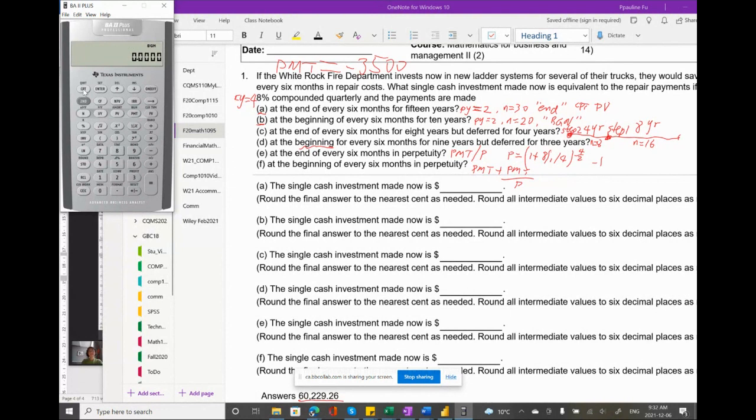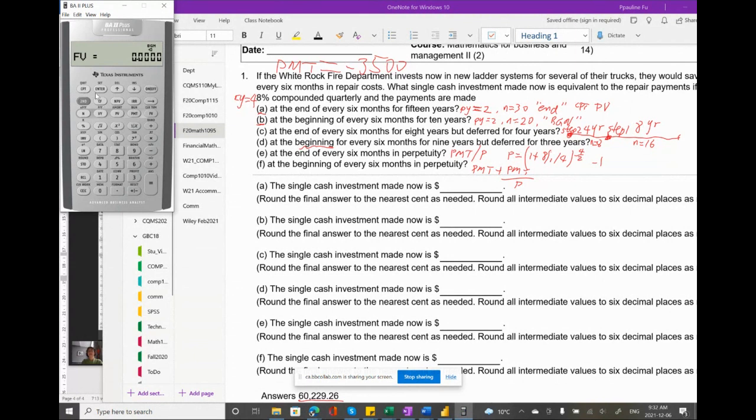Question B, and make sure it is begin mode. 20 is term N, 8 is interest, 35,000 negative PMT, 0 FV.